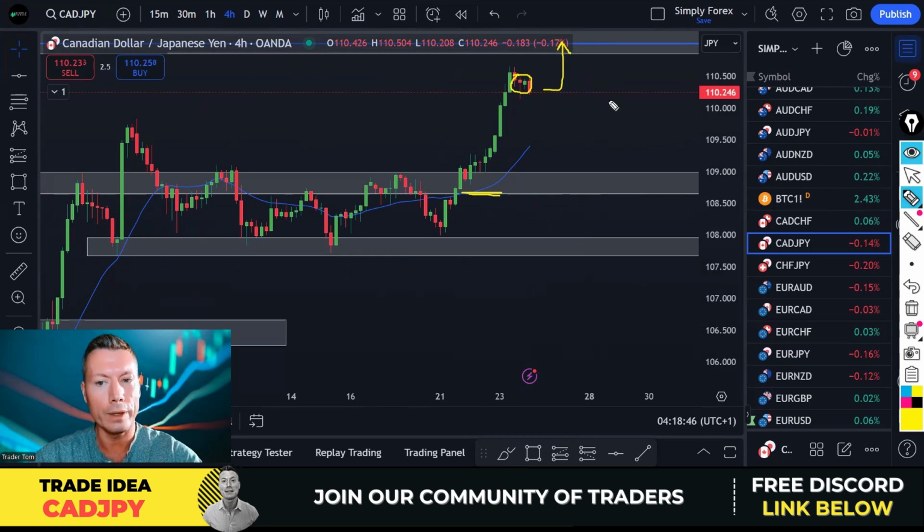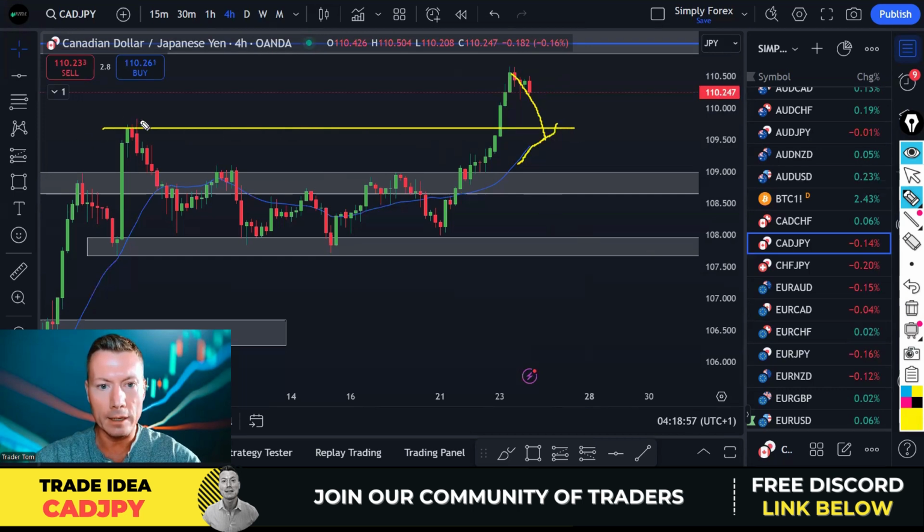There's no value there. So what do I want to see? I want to see price retrace, maybe even to the moving average 20, maybe this level in here, this last high here. But we need a retrace. And once we get that and I can hide my stop loss at least down here, then potentially we have a trade, guys. So Canadian yen buys.